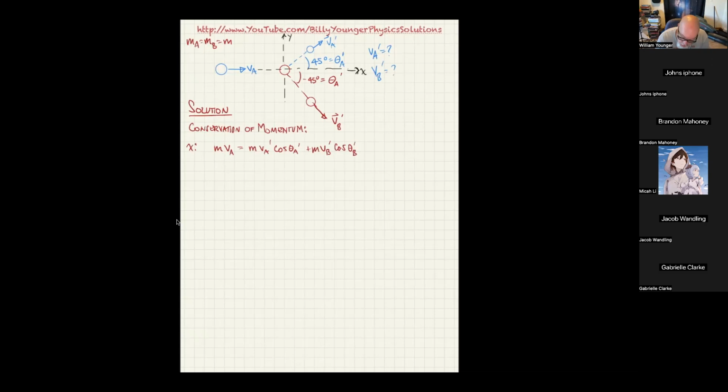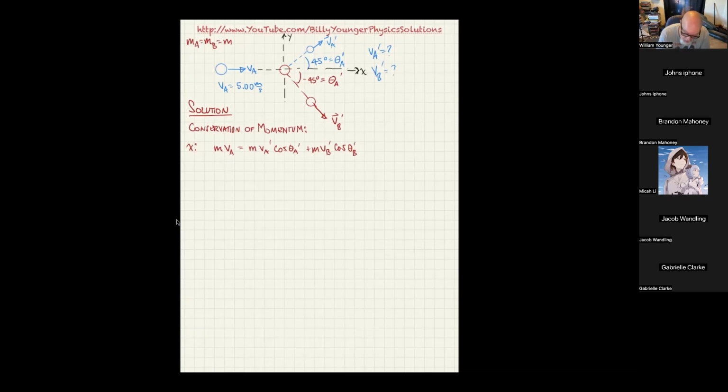I should probably mention that VA is equal to, let's say, 5.00 meters per second. So this equation right here is essentially correct.